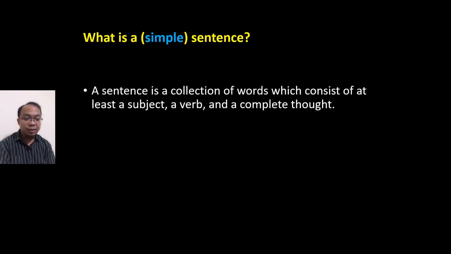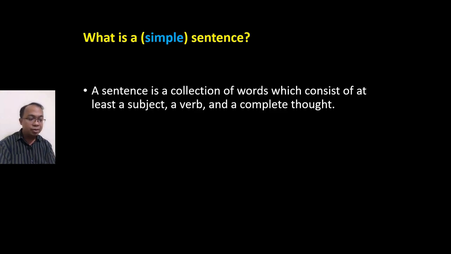This is the answer. A simple sentence refers to a collection of words which consists of at least a subject, a verb, and a complete thought. So this is the definition of a simple sentence. All right, I repeat again. A simple sentence, or a sentence, is a collection of words, which means it is a group of words, a combination of more than two words onwards.